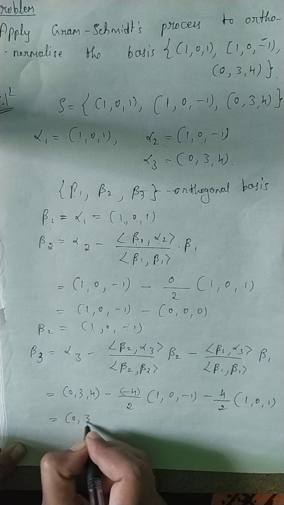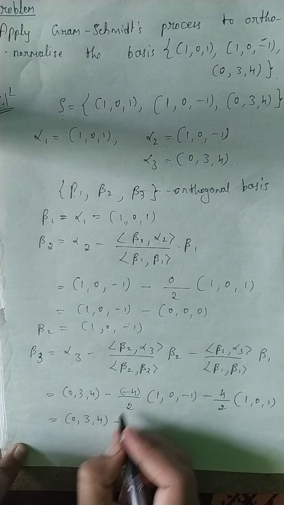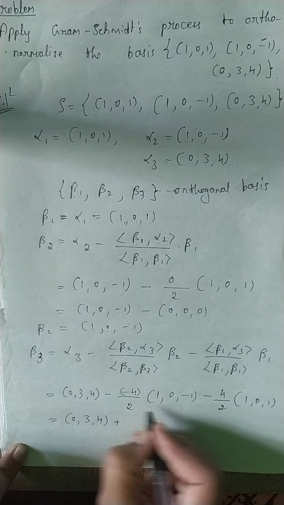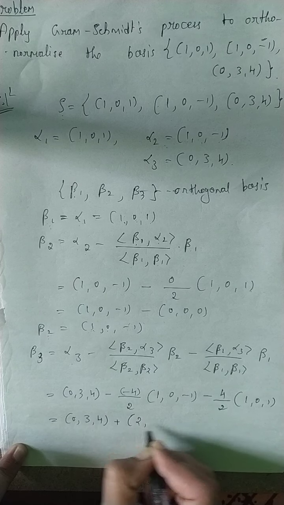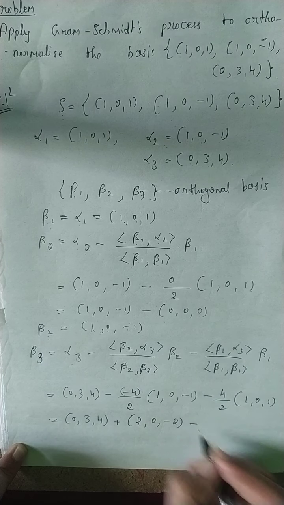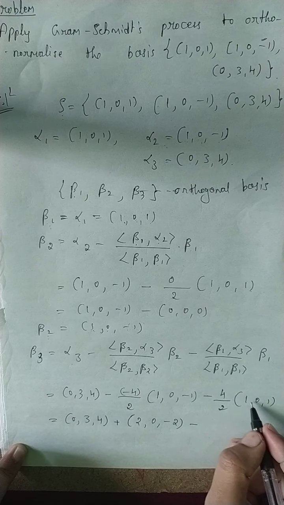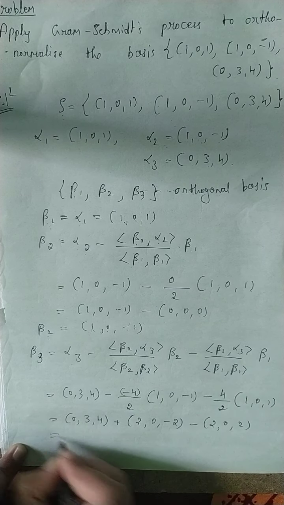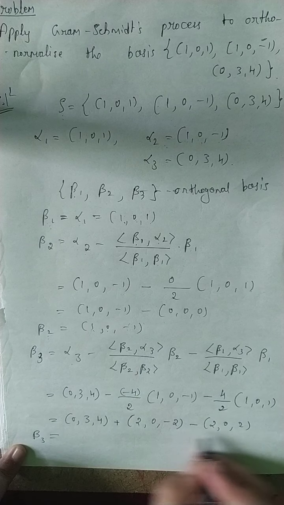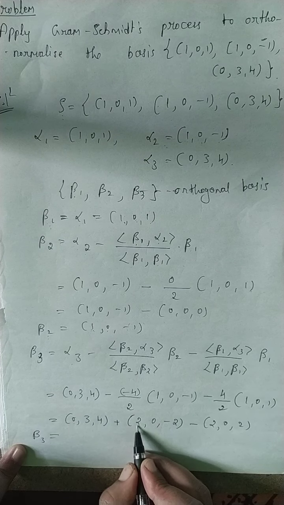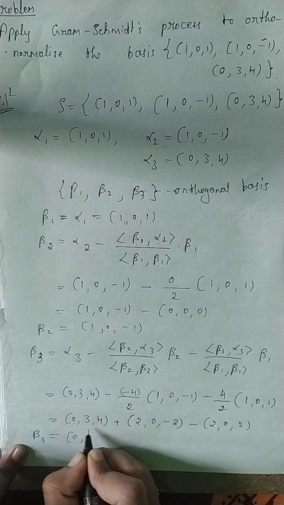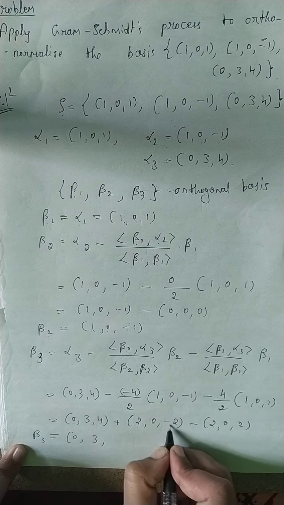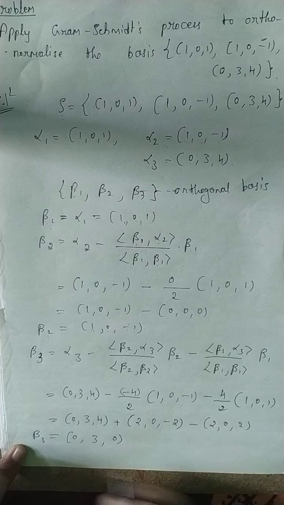So this is 0 3 4 minus, and minus into minus is plus, 2 over 2 times the vector 1 0 minus 1, minus 4 over 2 times 1 0 1. After taking 2 inside, we get 2 0 2. After adding these three vectors, 0 plus 2 minus 2 is 0, then 3, and 4 minus 2 minus 2 is 0.